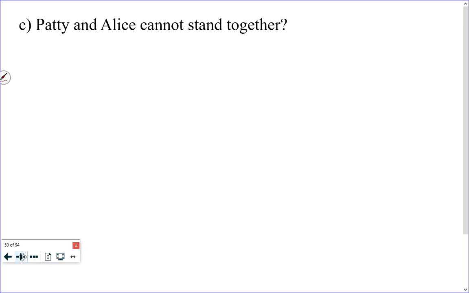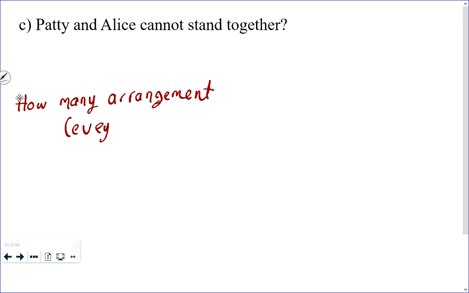Let's first of all find how many arrangements of everyone there are. If you had to arrange all 8 players in a row, figure out for me how many arrangements there are. Forget about Patty and Alice and their grievance with each other. How many ways can all 8 stand together in a line?